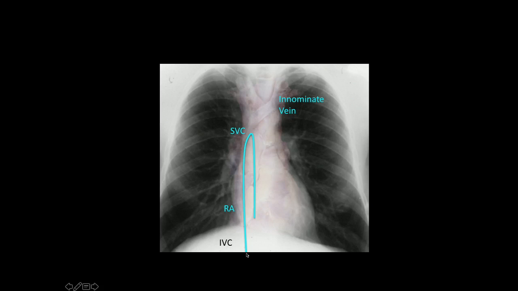Because if this is really posterior and then this is anterior, what is this? If you look on the lateral, and this is really posterior all the way, and then it comes anterior, that's an interrupted IVC with azygos continuation, and then you came into the azygos, the SVC, and the RA.